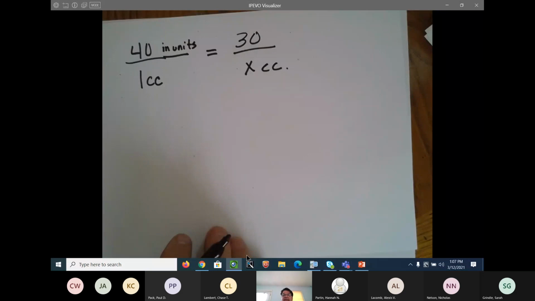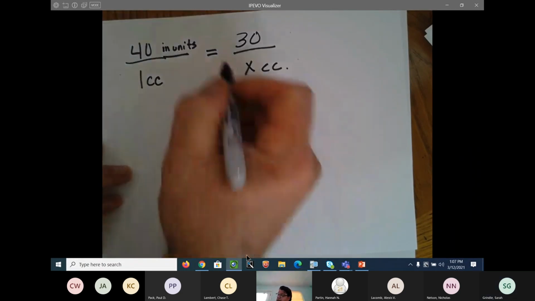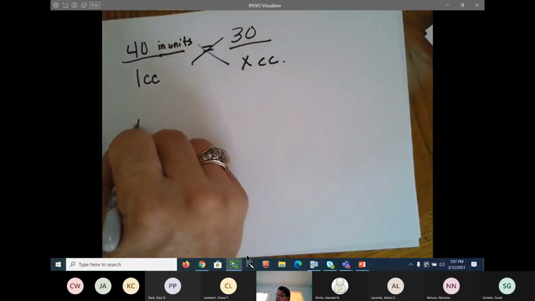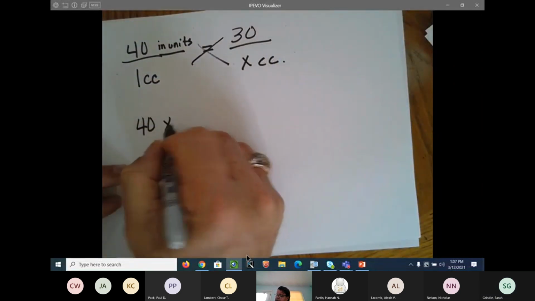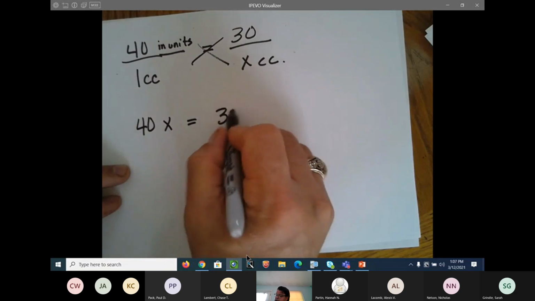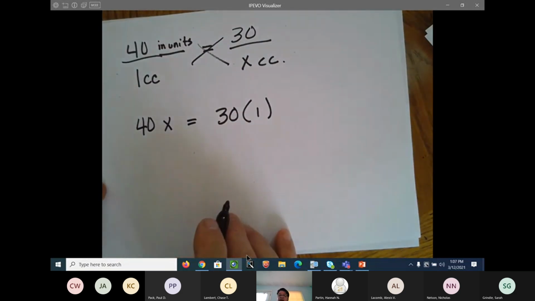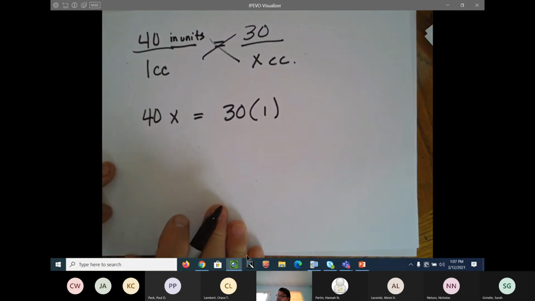Remember, we can only cancel vertically and diagonally. Okay? And in this case, we're going to cross multiply. That's 40 times x is equal to 30 times 1. And divide by 40.